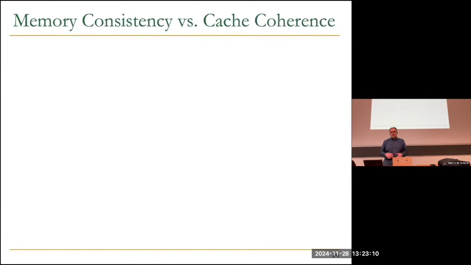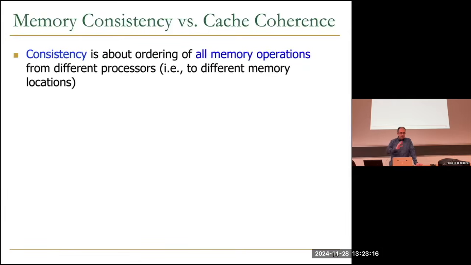So let's start with some definitions. What is memory consistency and what is cache coherence? We're going to see cache coherence also later today, but it's good to know about them in the beginning. Consistency is about ordering of all memory operations from different processors. First of all, we are considering several processors, not only one processor.